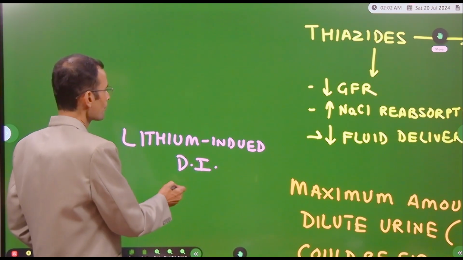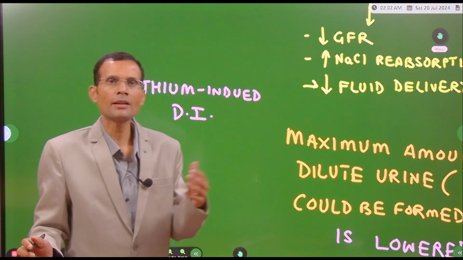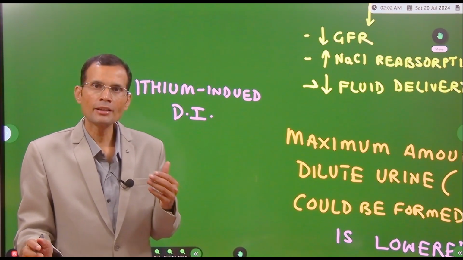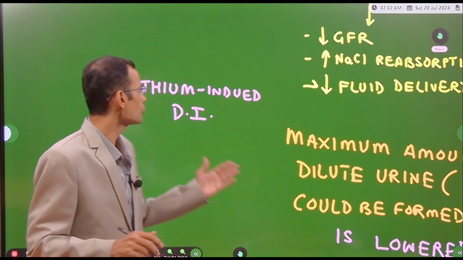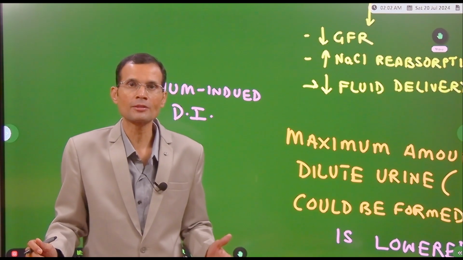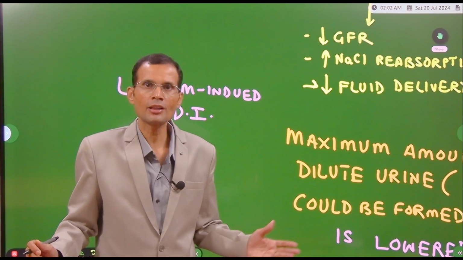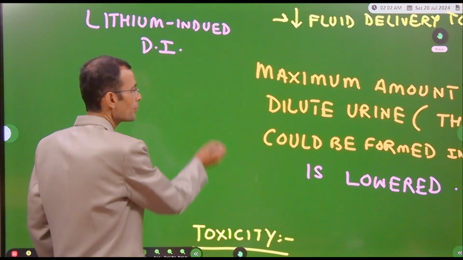You know, lithium is a drug given in manic depressive disorders, and it has a tendency to cause diabetes insipidus. So in such conditions, thiazides can be useful.